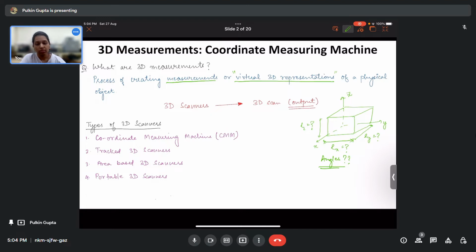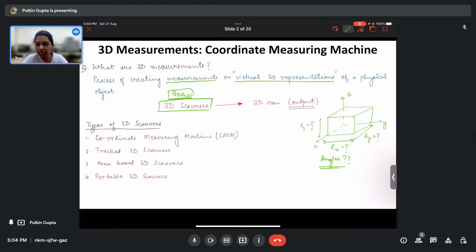So a very vague way of doing that is measuring them using some scales or vernier calipers or screw gauges. But what is the precise way of doing this? So the precise way comes from 3D scanners. So these 3D scanners have become a kind of life saviors these days as they give us the 3D data of any physical object.